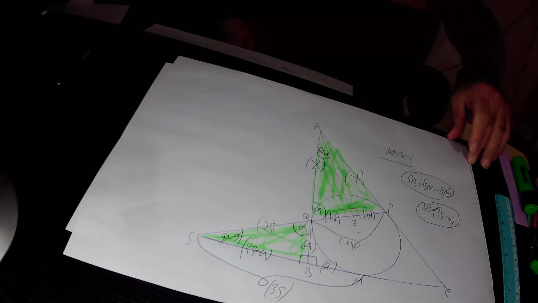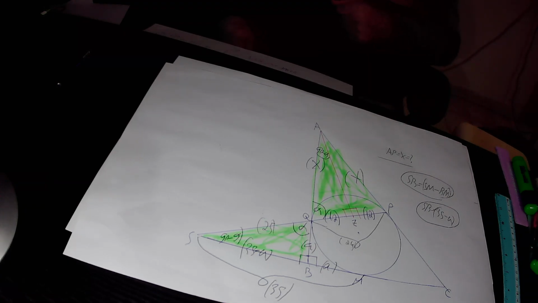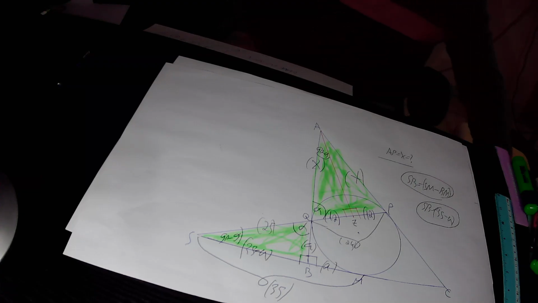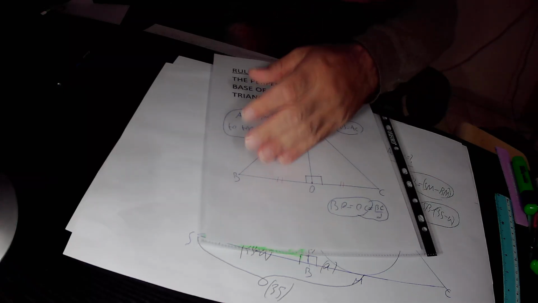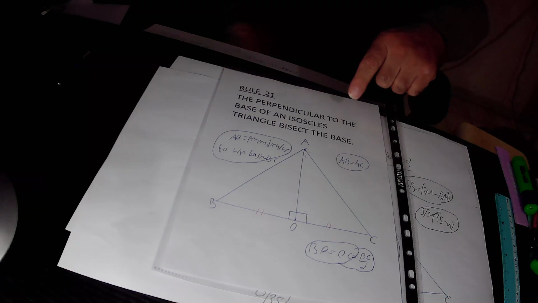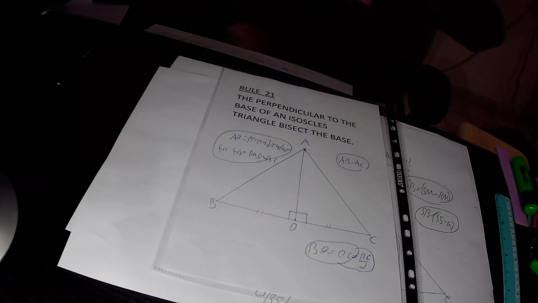So now we can implement rule 21 in our drawing, and this associated triangle AQP. According to rule 21, the perpendicular to the base of an associated triangle bisects the base. ABC is an associated triangle because AB equals AC.